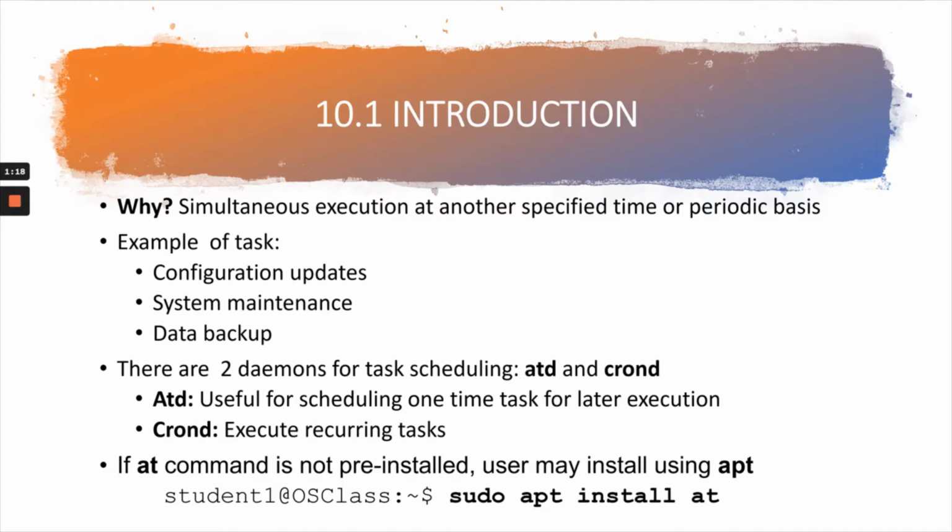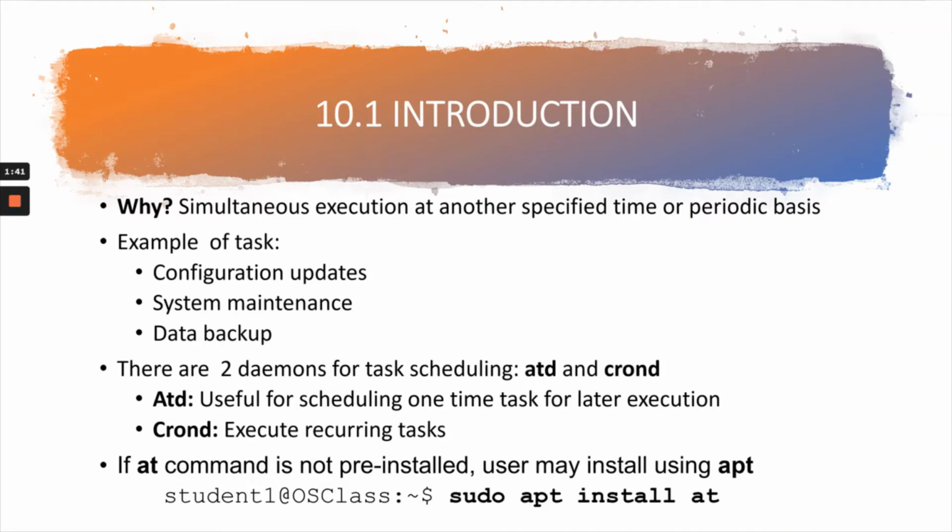In Linux, there are two daemons for task scheduling: the first one is at, and the second one is cron. at is usually used to schedule a one-time task for later execution, meaning there is no recurring task, or the instruction cannot be repeated on a periodic basis.